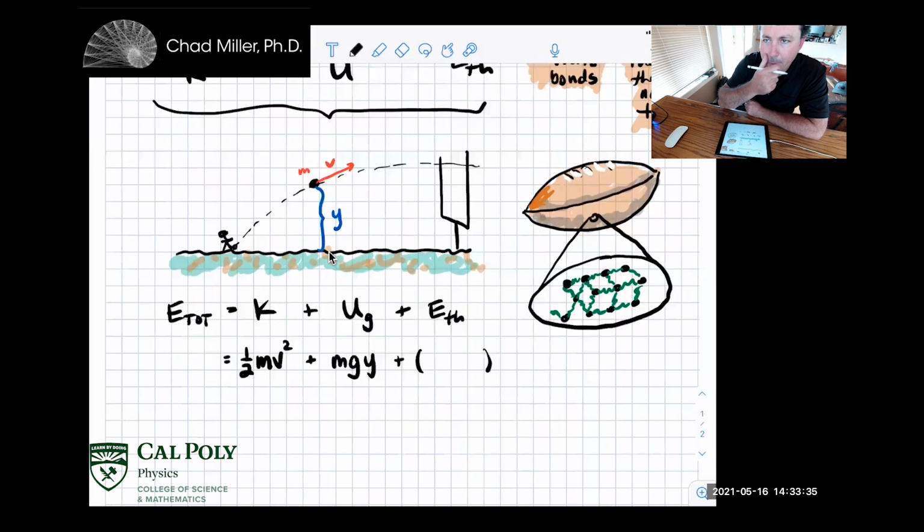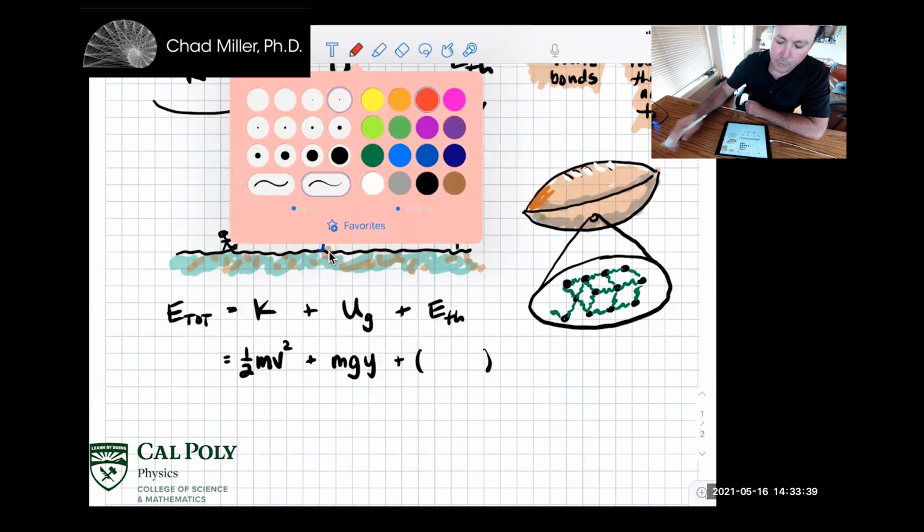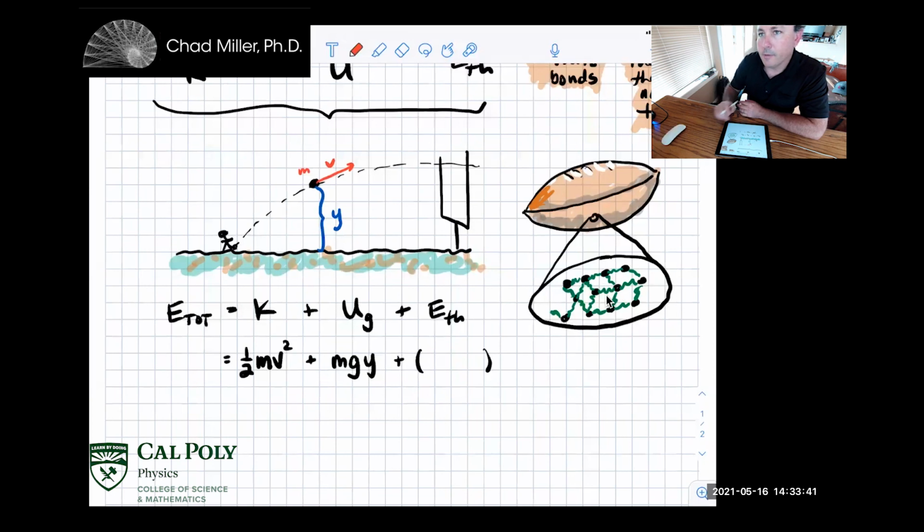But thermal energy, we have to consider this. So if we zoom in molecularly or atomically on the atoms in the football, they are all bonded to one another. And these little green things that I've drawn represent metaphorical springs because they're all vibrating back and forth. So maybe this atom vibrates back and forth that way. And so they're moving back and forth.